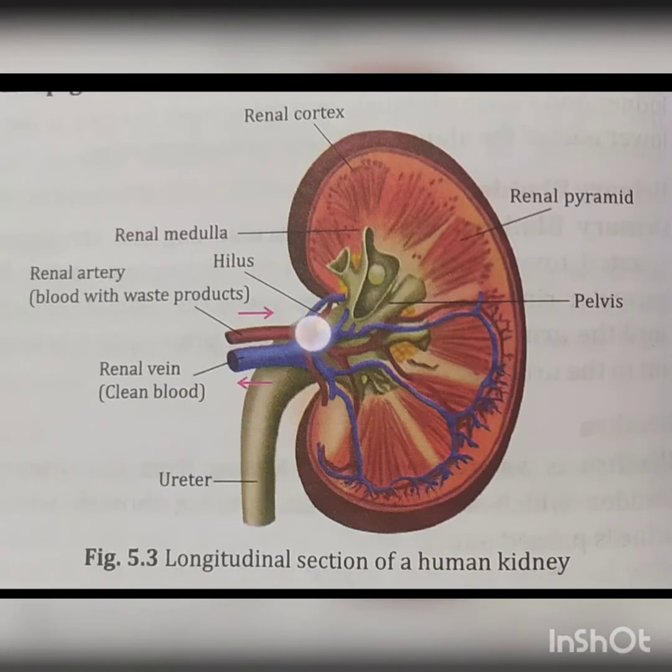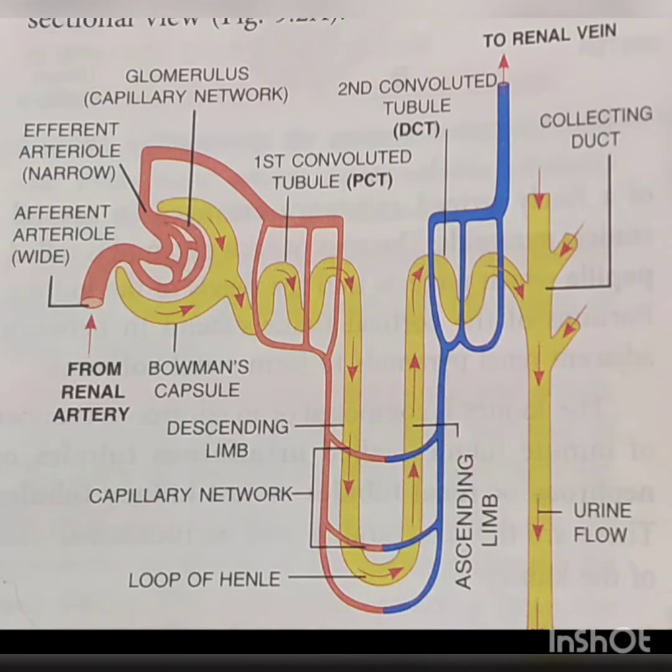These arterioles enter into the renal cortex. Here, each arteriole is divided into fine branches. The branch of arteriole which enters the Bowman's capsule is called the afferent arteriole.